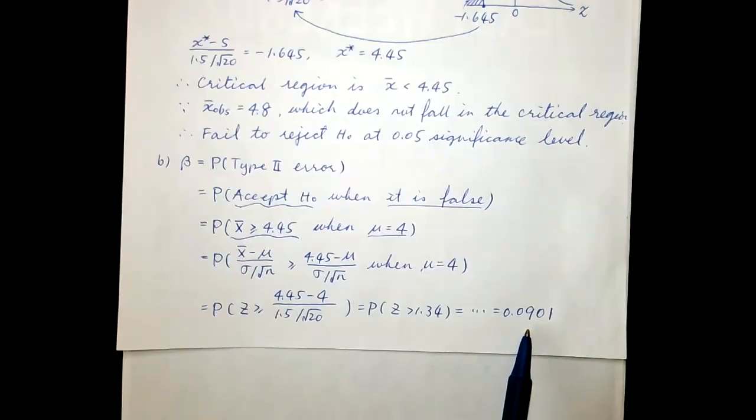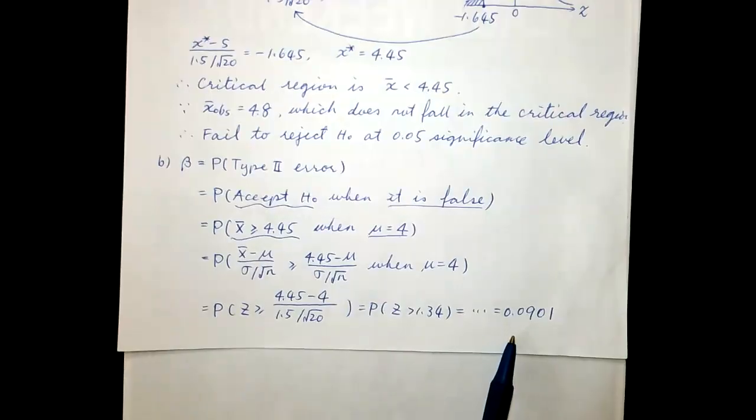Okay, now we have this beta value. Do we use this value to conclude the test? We don't. Beta is not one of our methods in hypothesis testing. You find the beta value in the end as part of the sample size estimation technique.